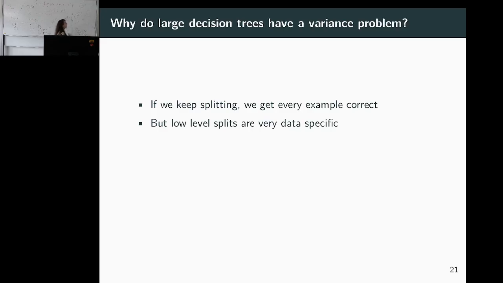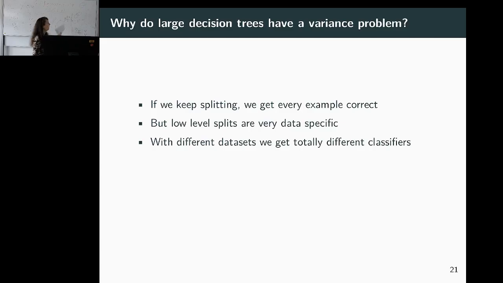That means if we reshuffled the data somehow and got another data set, we would get totally different classifiers if we split until the end. The upper levels would be similar, but the lower levels would be totally different, and that means in the end our classifier will be totally different, even though only a small amount of data actually determined it, because those were low-level splits where we already have nodes with only a small number of examples and we still keep on splitting.